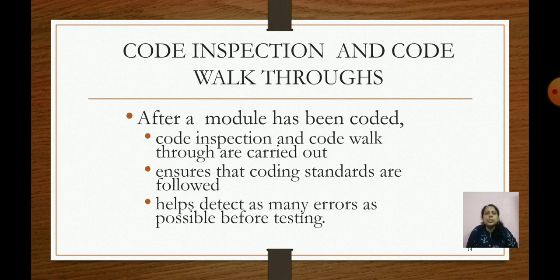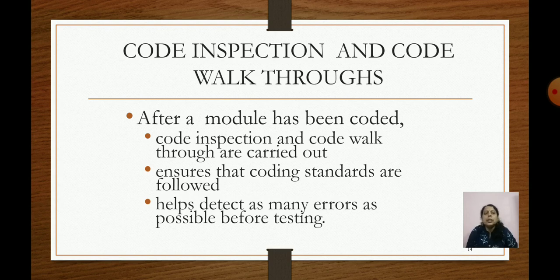Then code inspection and code walkthrough. After a module has been coded, code inspection and code walkthrough are carried out. They ensure that coding standards are followed and help detect as many errors as possible before testing. Meaning code inspection and code walkthrough are phases before testing.